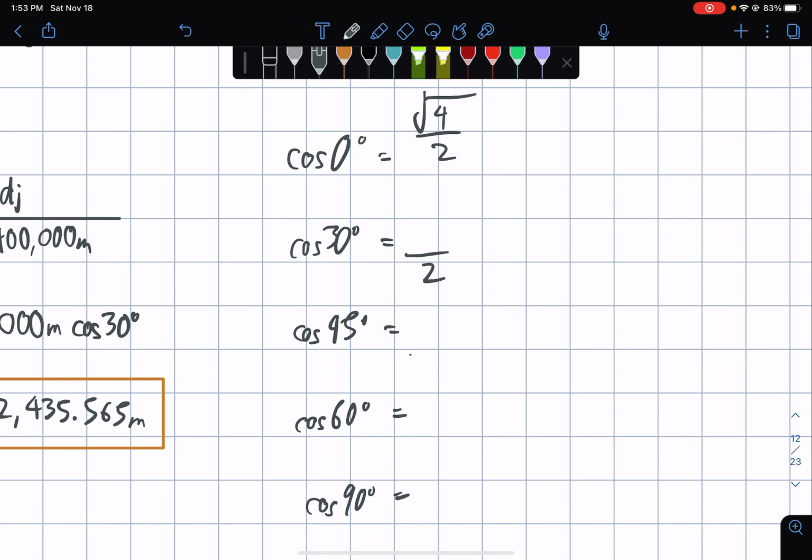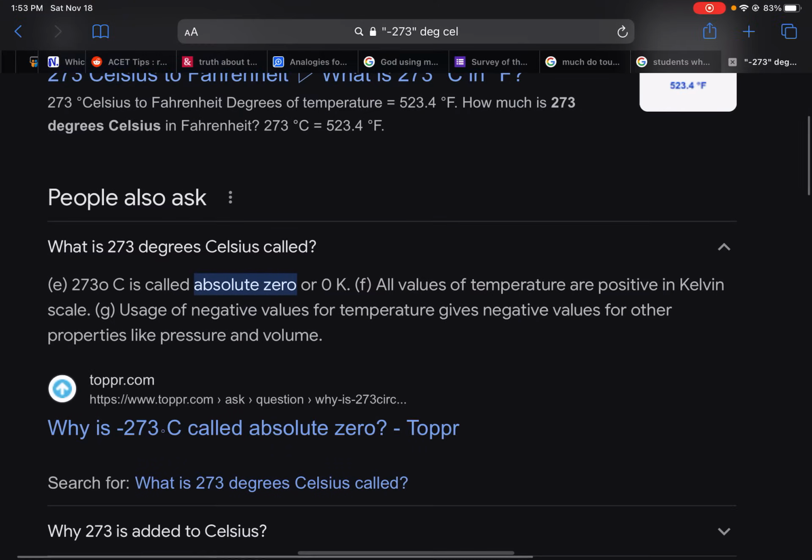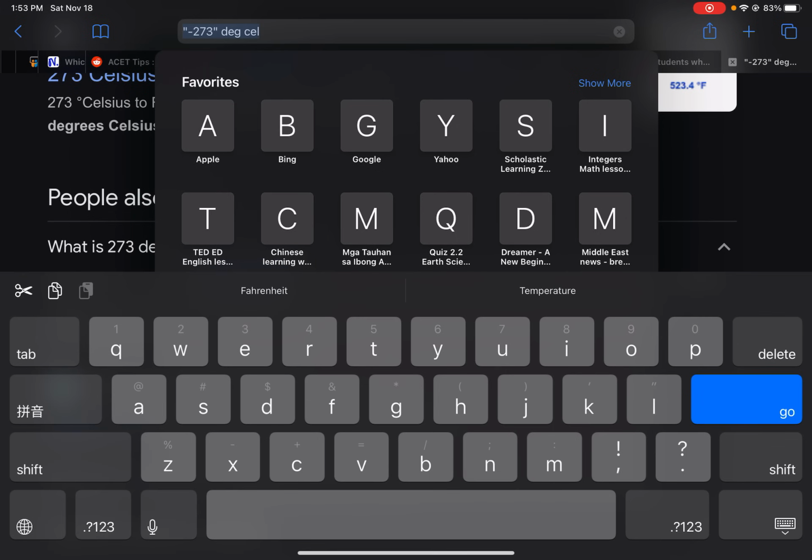Denominator is still 2. Everything in the numerator is still square root, but this time, descending order. So square root of 4 over 2, which is 1. This is the same. This is 1 over 2. This is 0. Did I get it correctly? Let me verify. I'm pretty sure I remember it correctly.